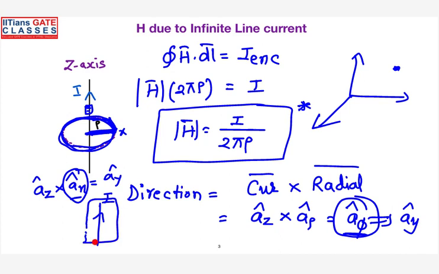Are you able to get? So I have placed a current carrying element in the Z direction. Why don't you consider a loop along the length of the source? Why do you have to consider around the source? So already one person replied. Good, very good.